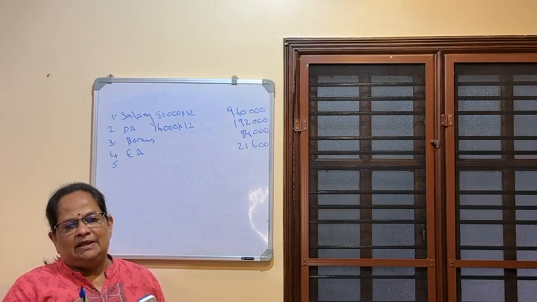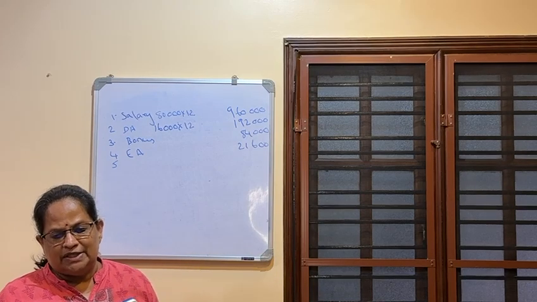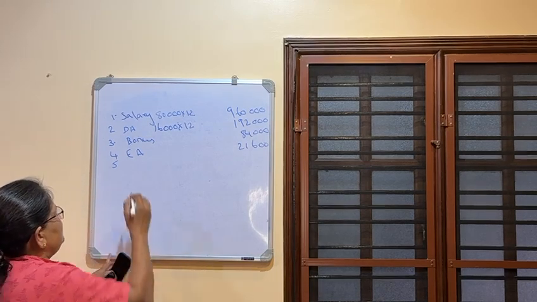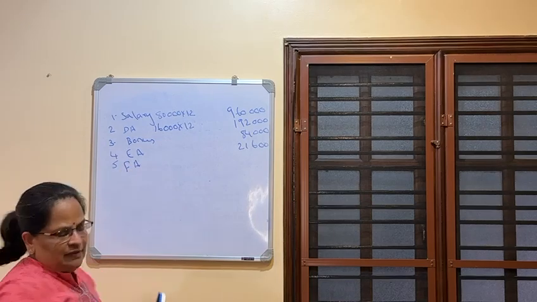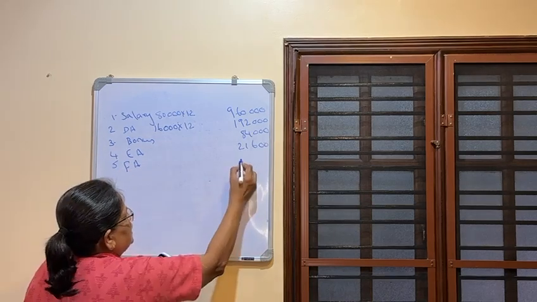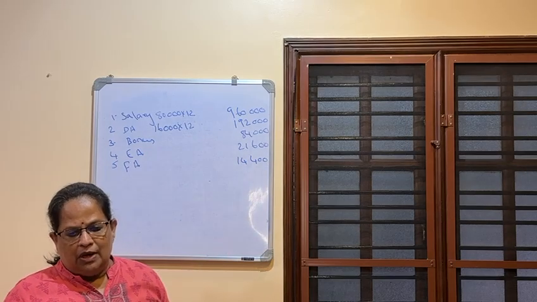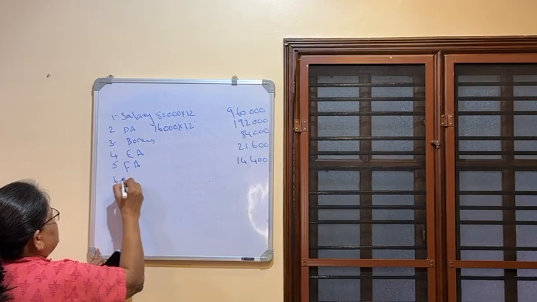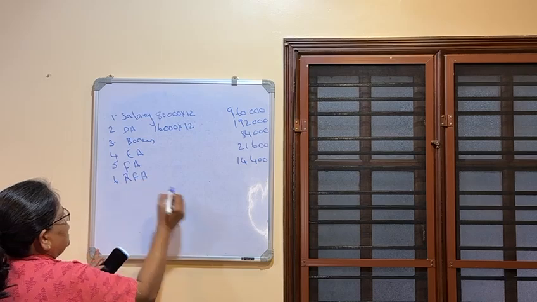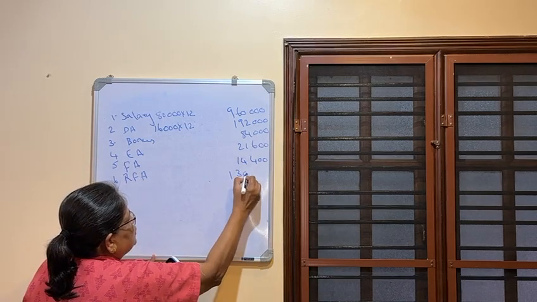Whichever is less, the least value is 33,600. So taxable flight allowance is 14,400. Now RFA unfurnished, we already calculated. RFA value is 1,30,500.